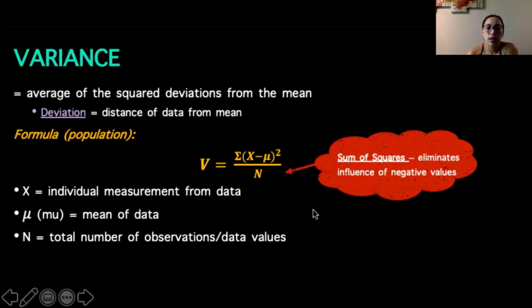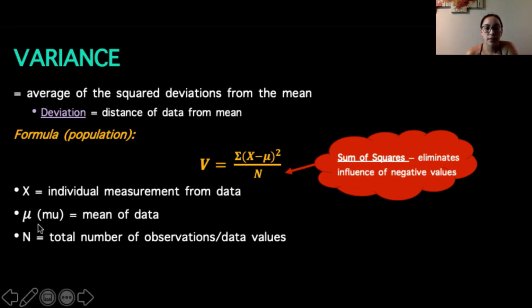This top part is called the sum of squares. Basically what this does is it eliminates the influence of negative values, because if you take the square of anything, you should get a positive number. So we're really just interested in the absolute variation from the mean. Doesn't matter if we're going above or below, we just want to know what's the absolute variation.